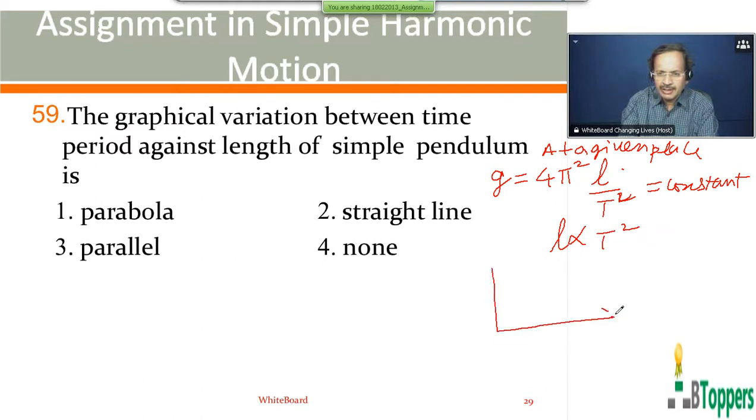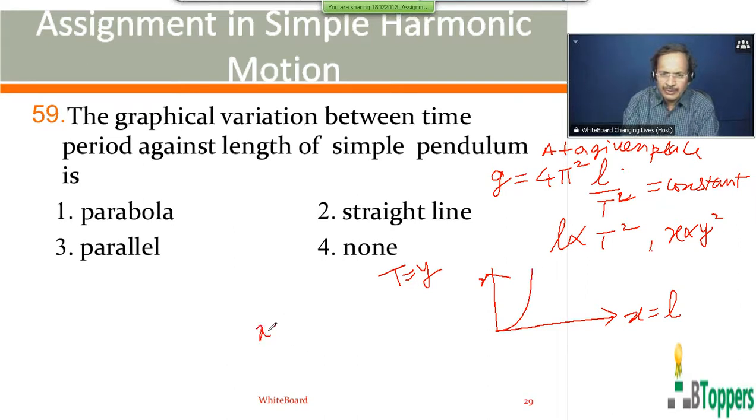So if you draw a graph with the length along the x-axis and time period along the y-axis, the relation is x proportional to y square. So x proportional to y square will be a parabola.